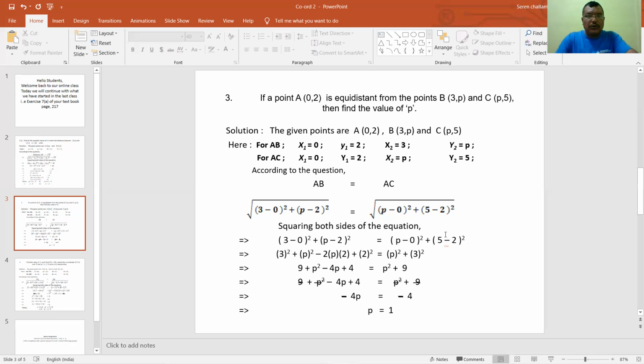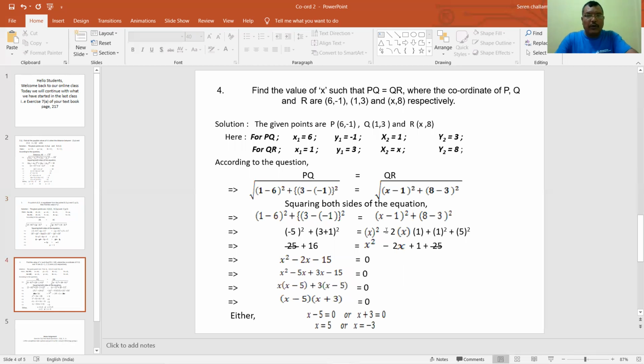Now let us go to the fourth question of your exercise 7a, which says, find the value of x such that PQ is equal to QR, where the coordinates of P, Q, and R are (6, minus 1), (1, 3), and (x, 8) respectively.